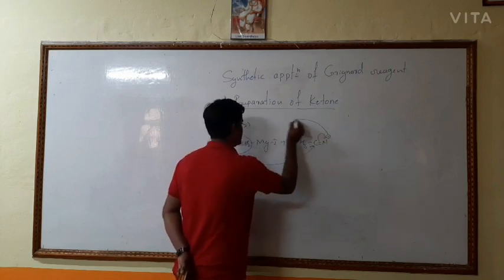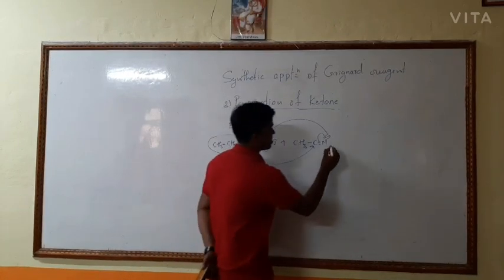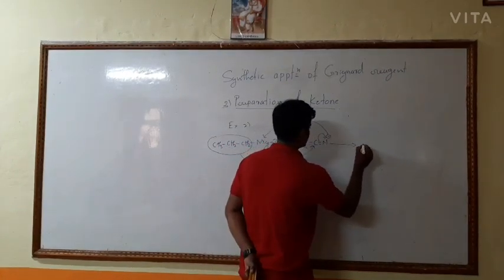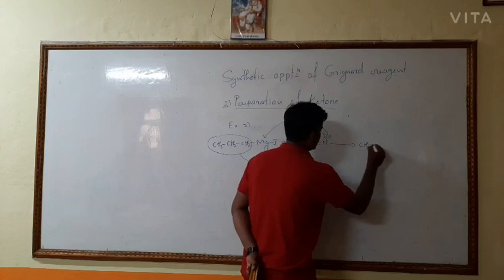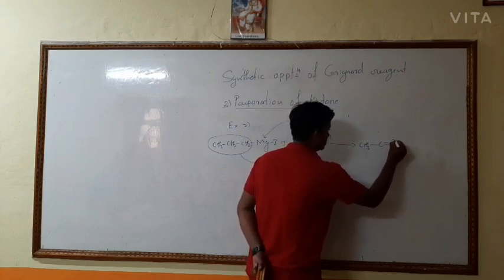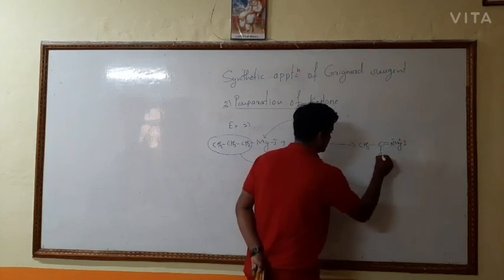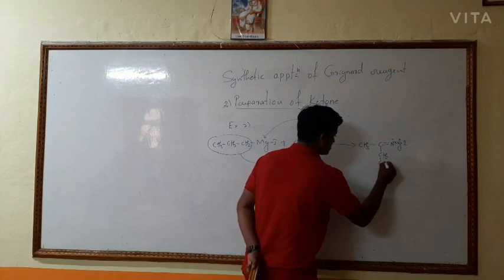Again this negatively charged nitrogen attacks the magnesium to give the addition product CH3 C double bond N minus MgI, with the CH2CH2CH3 propyl group.